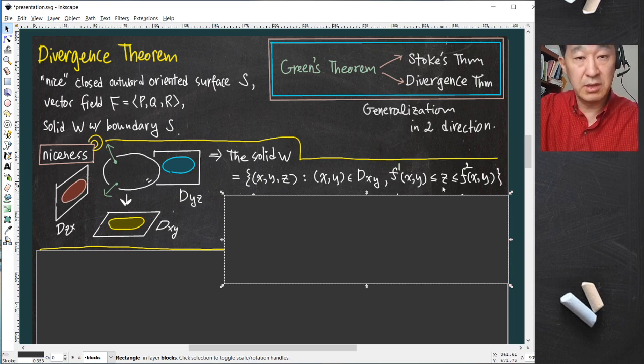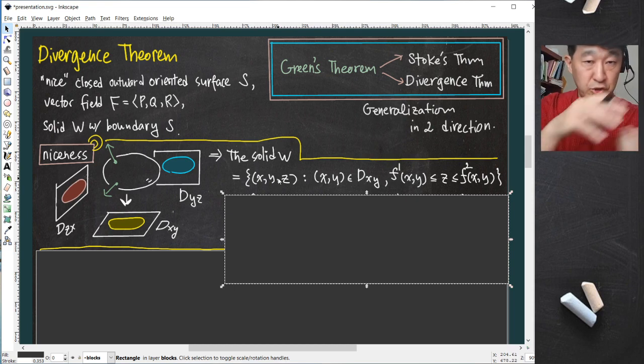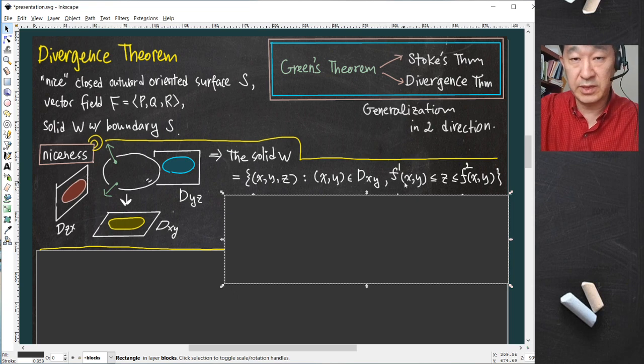Everything in between must be points in the solid. It should be constructed in that way. In that case, we can play with these functions, and then we can enter the two-dimensional version. Because of this projection property, we can break it into two-dimensional pieces.